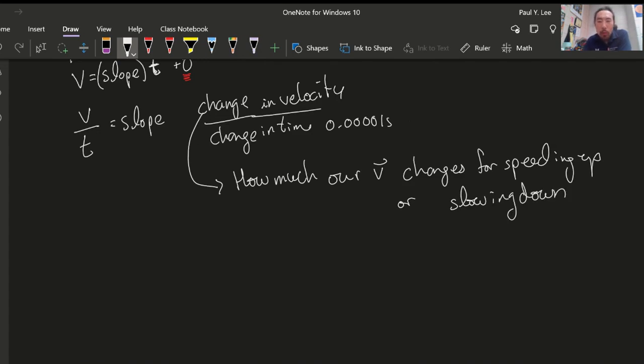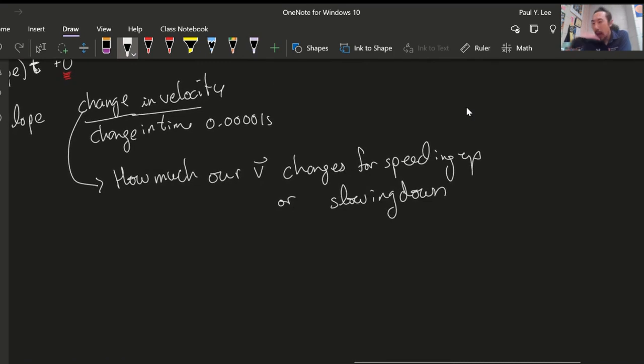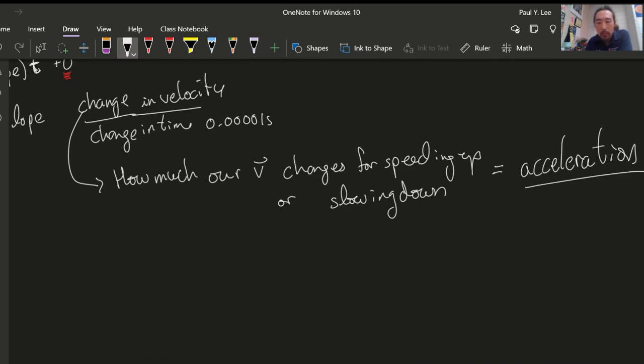Now, the reason why I want to emphasize this, and the reason why I'm saying this is a very important idea, is because the common populace uses this term incorrectly a lot of the times. And this definition here is the definition for the variable acceleration. The definition of acceleration is how much your velocity is changing by.